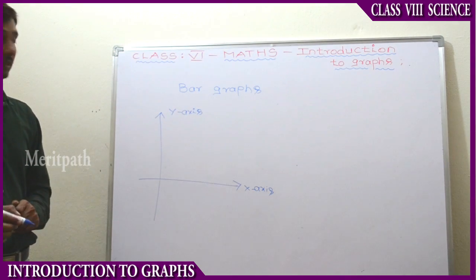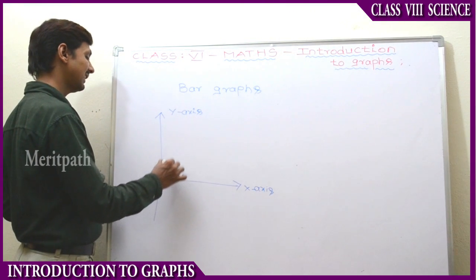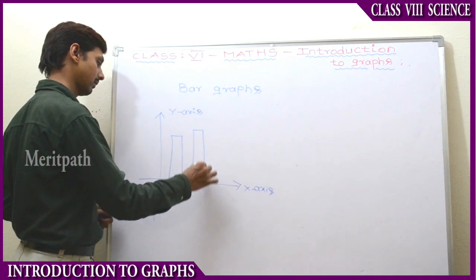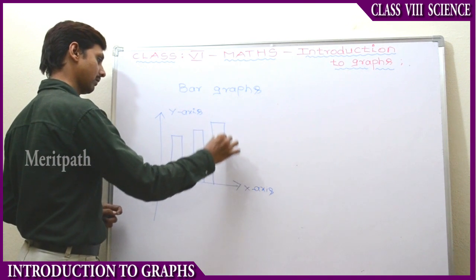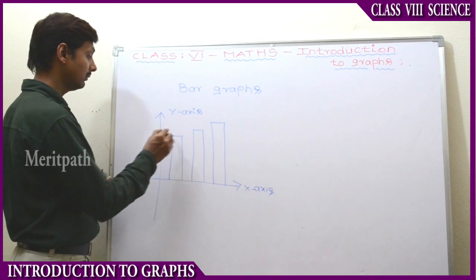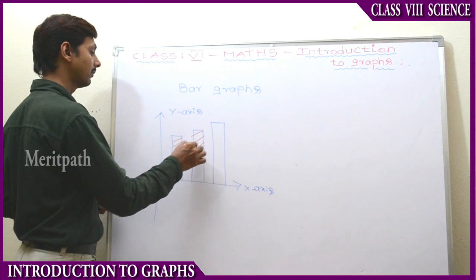So on the x-axis we take some rectangles to represent the information. So this is called a bar graph.